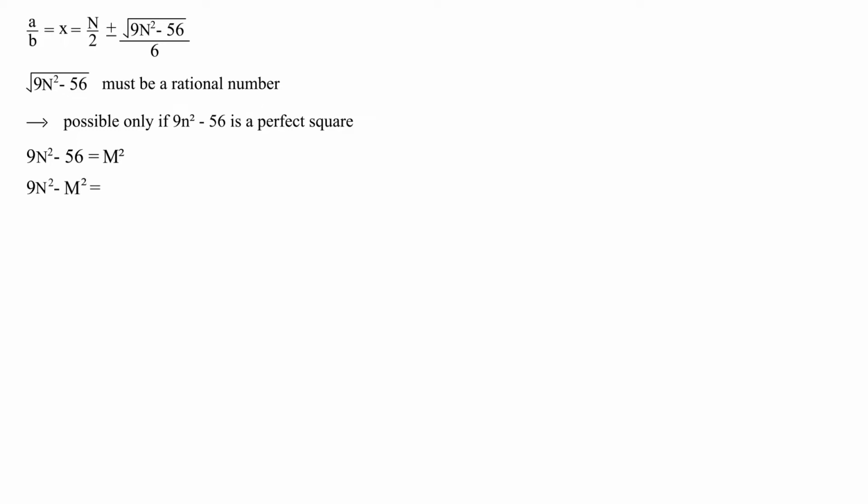And now we will use this information to try to figure out what is n. Bring m squared over to the other side and factor, and you'll get 3n plus m and 3n minus m, and that is equal to 56. Now what we have to do is make a table and try to figure out all the possible values of this. We've got to understand that these two numbers, when multiplied together, have to be equal to 56, correct?